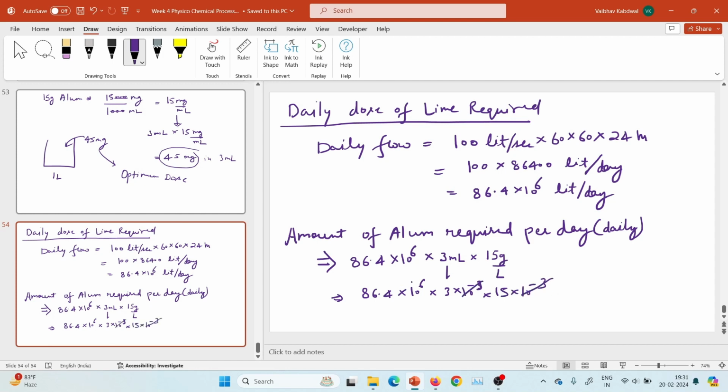So this will be cut, and things left will be 86.4 into 3 into 15. Let's calculate this.